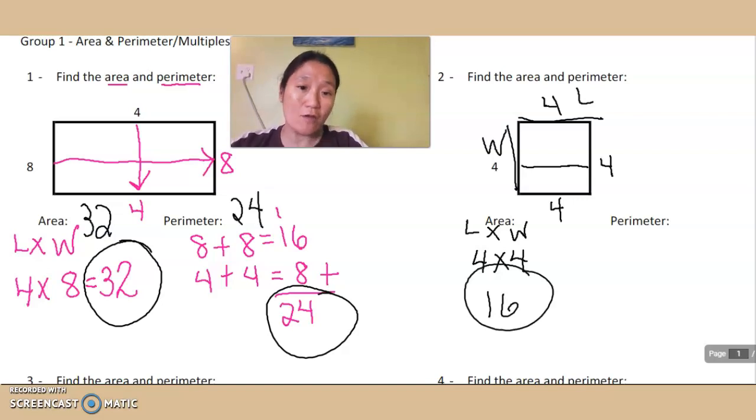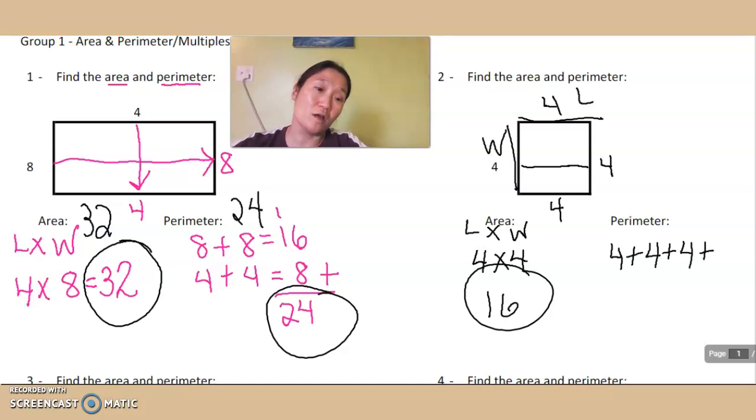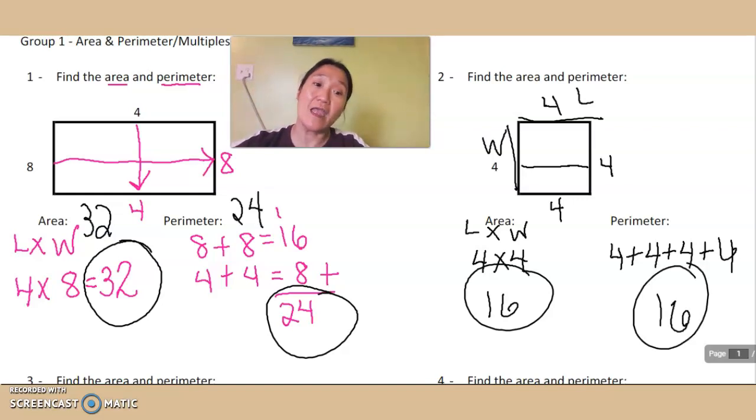So your area is 16. Your perimeter is 4 plus 4 plus 4 plus 4, which is going to be 16. In this case, area and perimeter are the same. They aren't always.